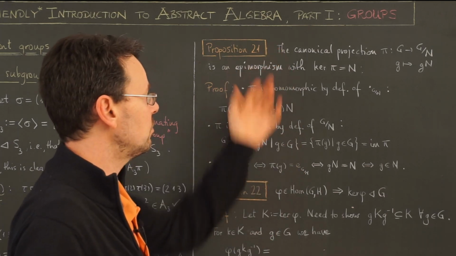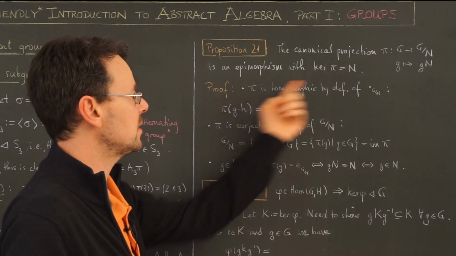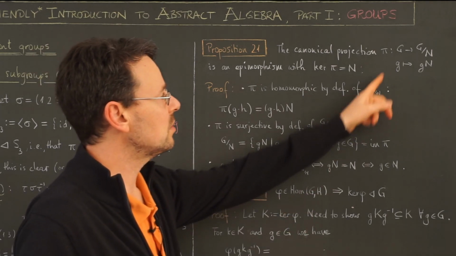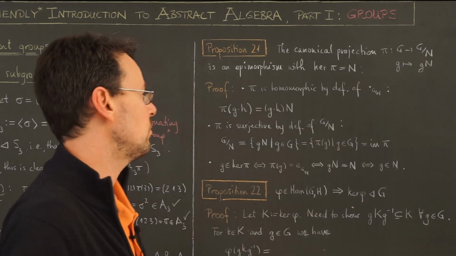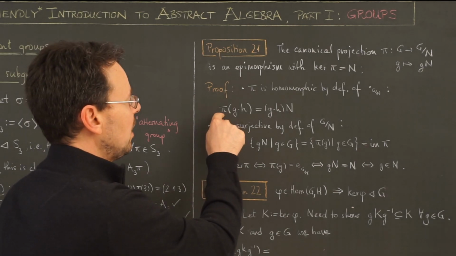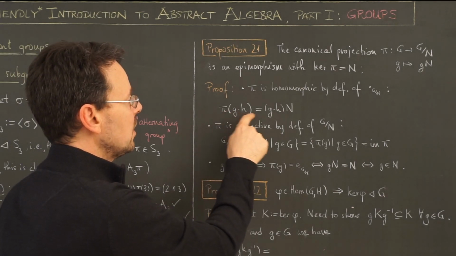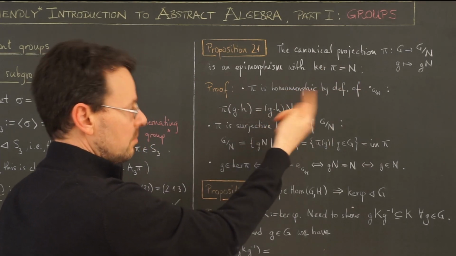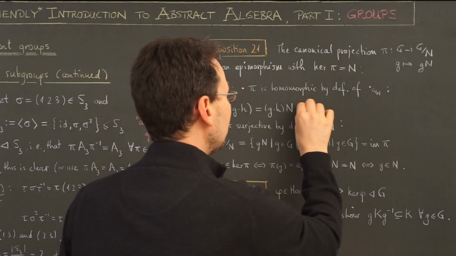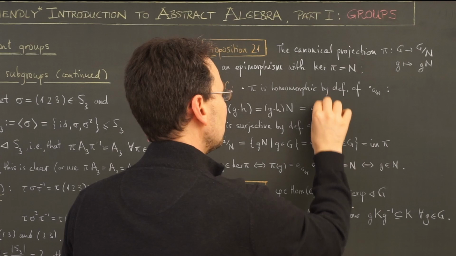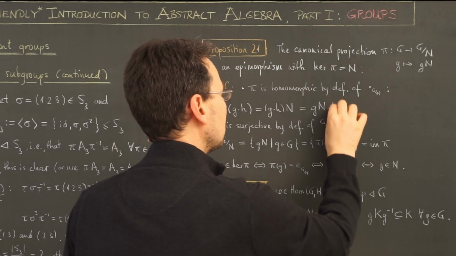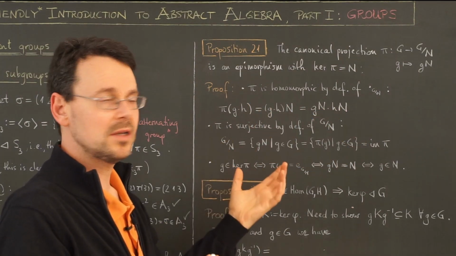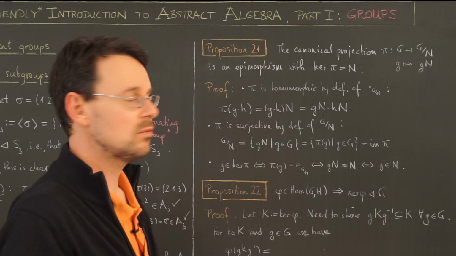Okay, so to prove this, first we need to check that pi is actually a homomorphism. And this follows directly from the definition of the composition of the factor group, because pi of g times h is, by definition of pi, the left coset of g times h with respect to N, but this can be written as gN times hN by definition of the group operation of the factor group.